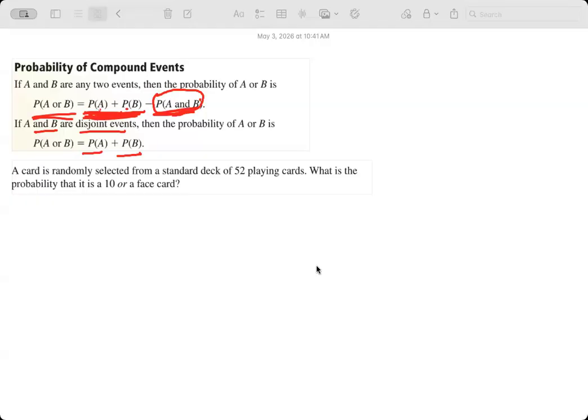How about this? Oh, this is a good one. Try this one. There are two types of events. I'll call this sort of event overlapping events. Overlapping means you have something in common. These are disjoint events.